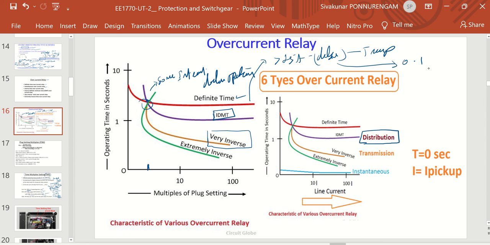For the IDMT it is 0.01, for very inverse 0.001 or 0.05, and for extremely inverse it is 1.